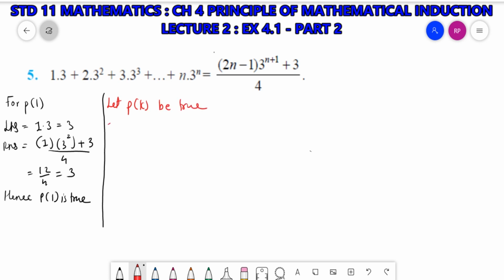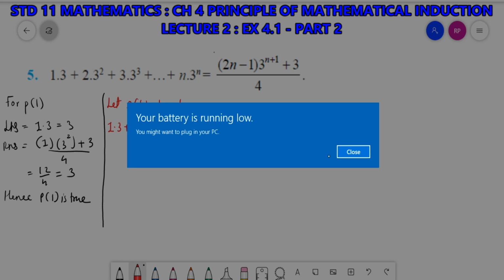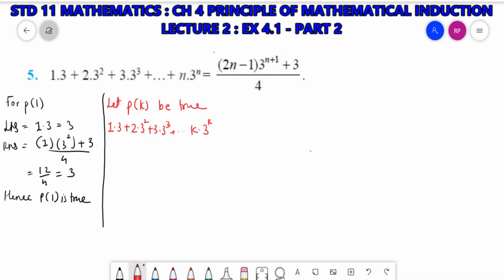So what does this imply? 1 into 3 plus 2 into 3 square plus 3 into 3 cube up to K, instead of n I will use K, 3 raised to K. This will be equal to (2k minus 1), 3 raised to k plus 1, plus 3 upon 4. Okay, we had assumed this as true.